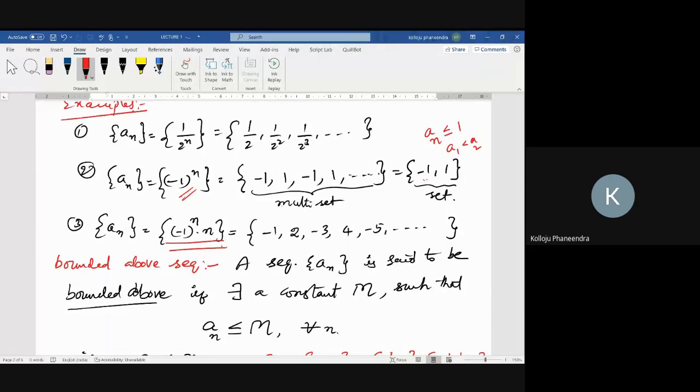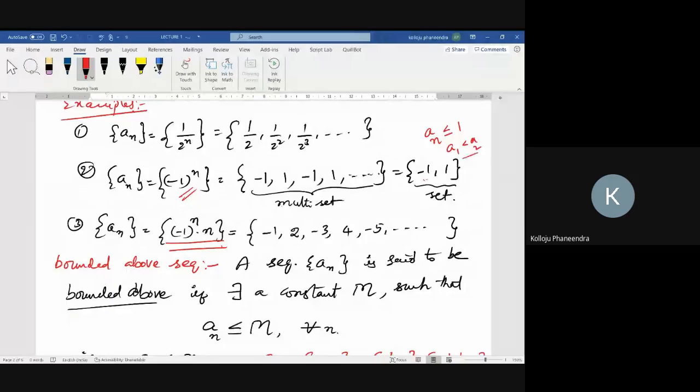But it is a finite set. Even though it is taking an infinite number of values, we treat it as finite because repeated values are there. When we go to the next topic, that is the oscillating sequence. Actually, this is an oscillating sequence.